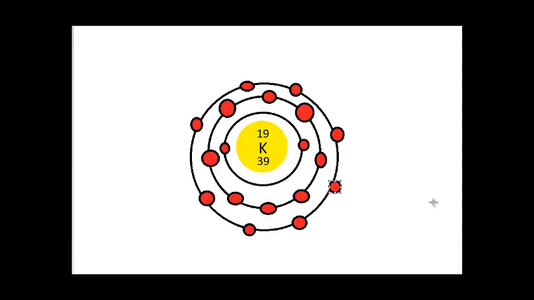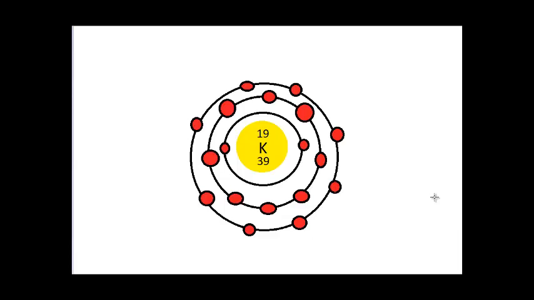So at this point we have filled the first 3 shells. In the first shell we have 2. The second shell we have 8, and the third shell we have 8. This gives us a grand total of 18.